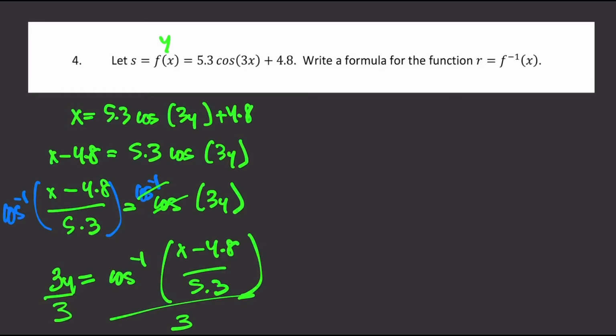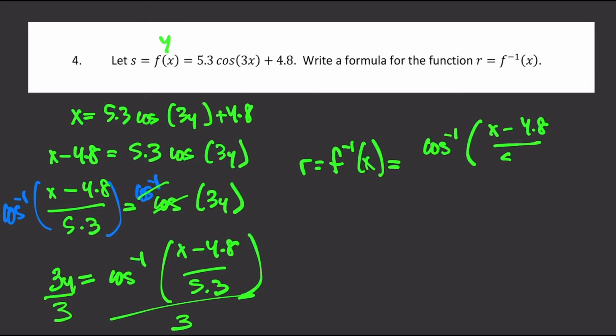Now look at the notation they want you to use: r equals f inverse of x. So r equals f inverse of x equals all of this stuff here. So I just have to write that down: inverse cosine of x minus 4.8 over 5.3, and then that whole function over 3.